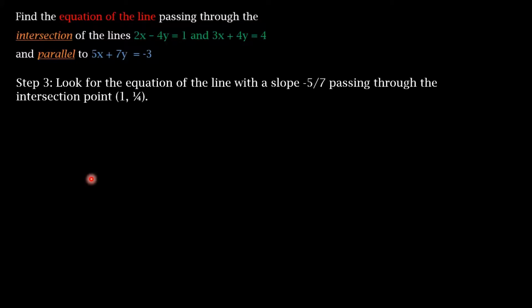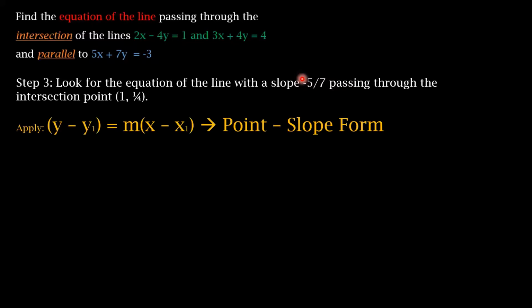Next is, we would make use of the slope -5/7 to look for the other line that passes at the intersection point 1, 1/4. Okay, we're gonna make use of the same slope for us to be able to get the parallel line.